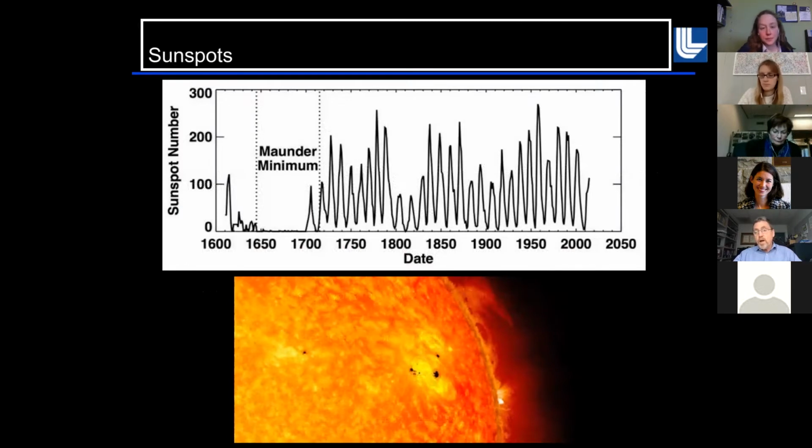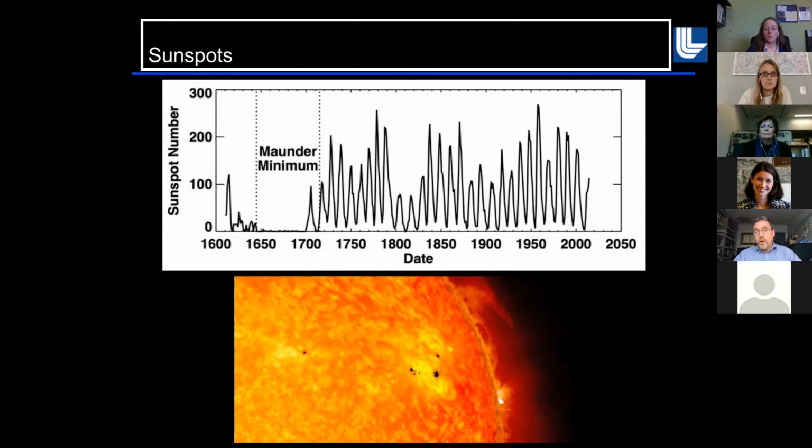We know, say, from Chinese records of the number of sunspots on the sun that go back, like I said, to 1600, that the sun is a variable star, and that in addition to these 11-year cycles between high sunspots and low sunspots, there are also times when sunspots disappear altogether, such as the so-called Maunder minimum, a very cold period in Earth's history.